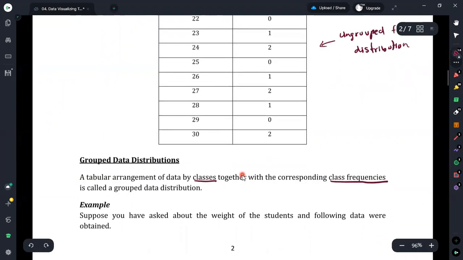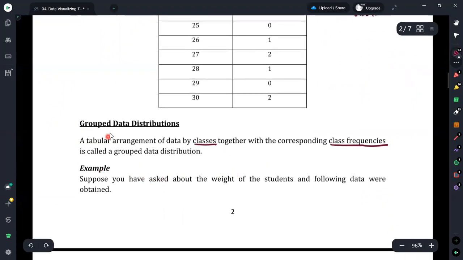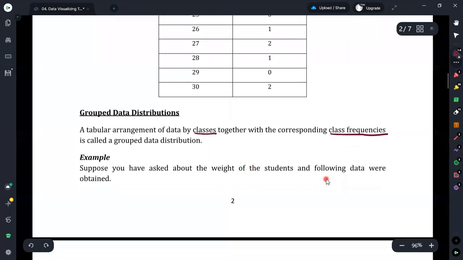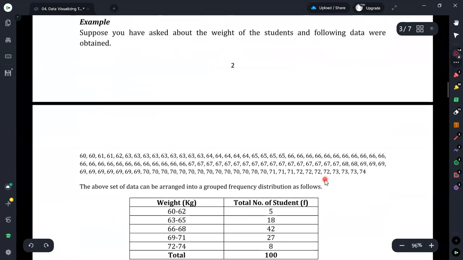Suppose that we first take an example related to group data distribution, but prior to that, I will say why we can use this group data distribution. Suppose you have asked about the weight of the students, and this is the data set we have obtained.